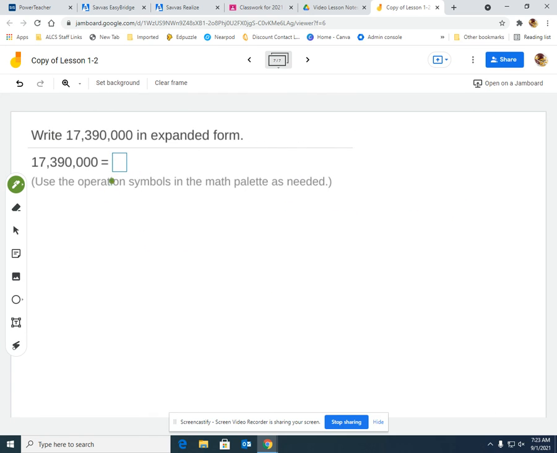And a last example, I want to write 17,390 million in expanded form. Remember, expanded form is digit times place value. Apologize for the sloppiness. So that first digit is a 1.